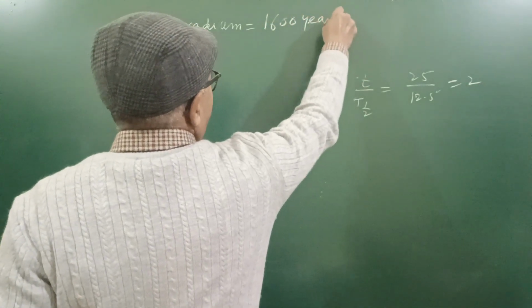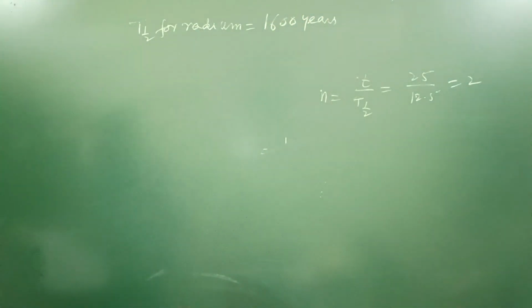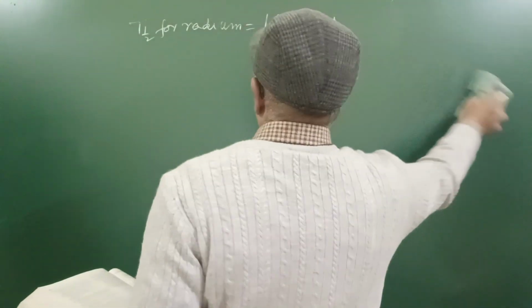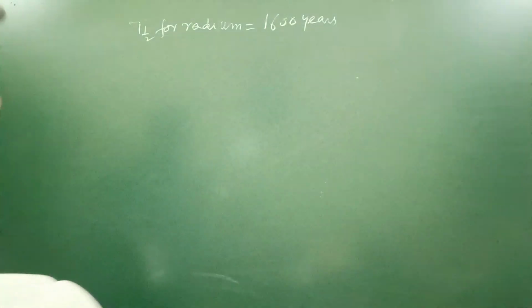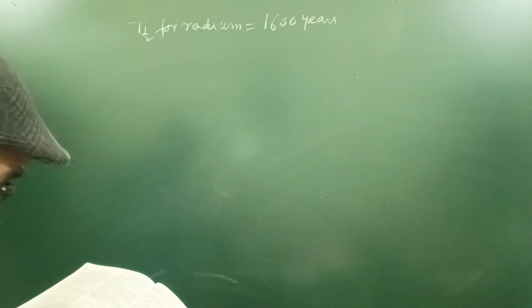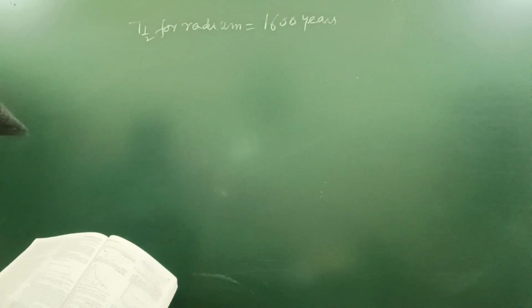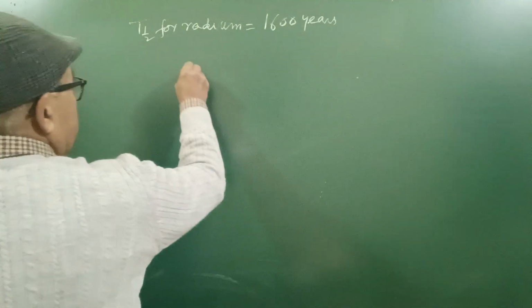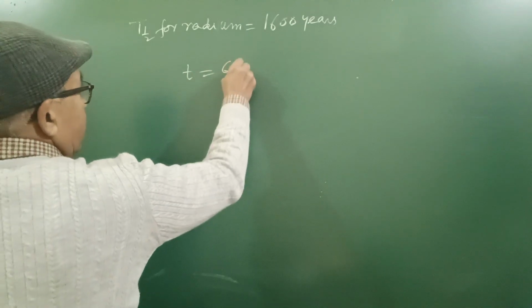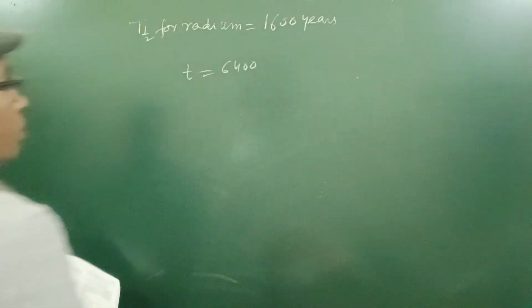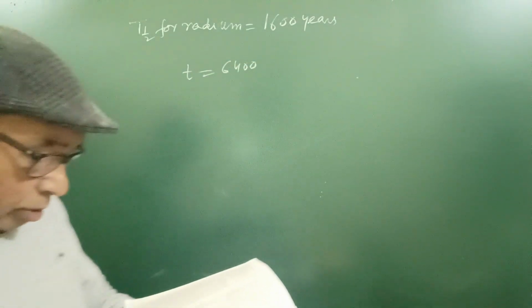I told you that half-life varies from microseconds to billions of years. So the half-life of radium is this. What fraction of a sample of radium will be disintegrated in T equal to 6400 years? What was asked of you?